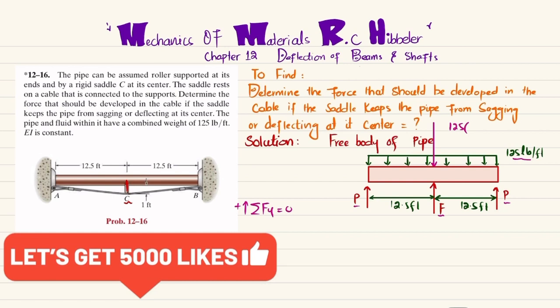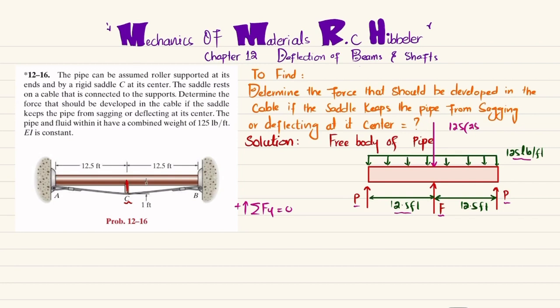So the total length is 12.5 plus 12.5, which is 25, and that will be acting downward. So I will write P, that is upward, plus P, another P which is upward, plus F minus 125 into 25 is equal to 0. So we will write 2P plus F is equal to 3125. Let this be equation number A.